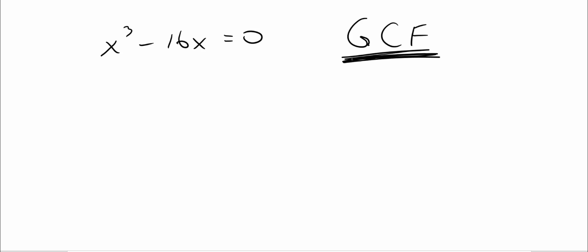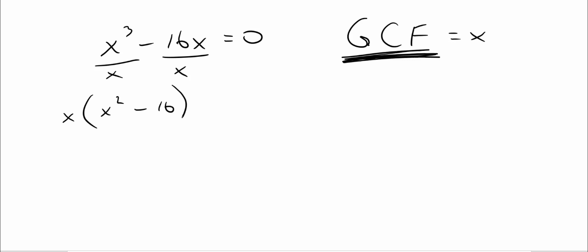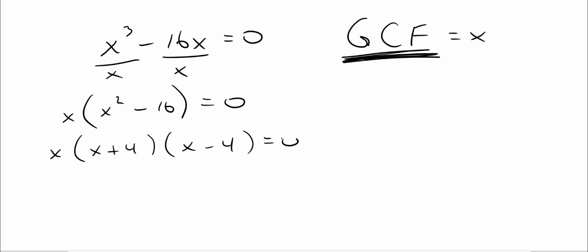So the greatest common factor here is x. So I'm going to divide each of these by x. And make sure you put that on the outside. So I'm going to get x squared minus 16. Okay? And now I've got to factor that. Well, we already did that problem. That was the last example. So it's going to be x times (x plus 4)(x minus 4) equals 0.